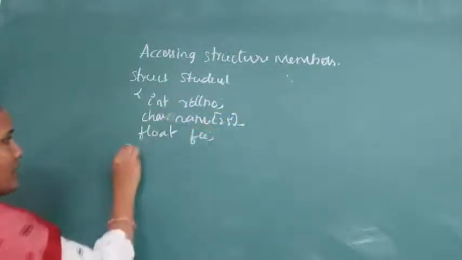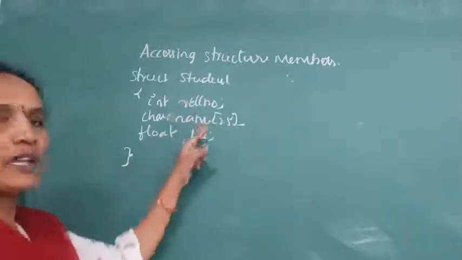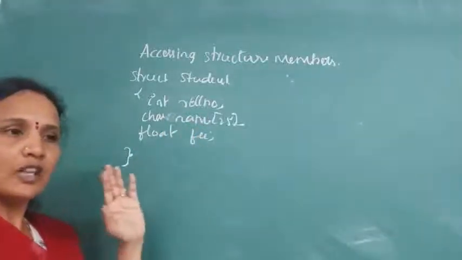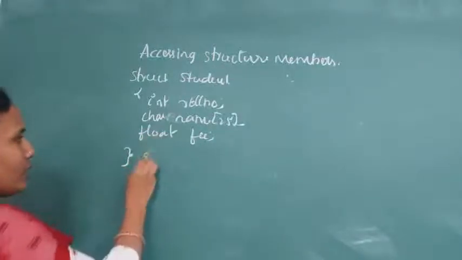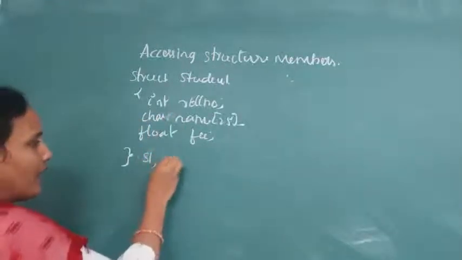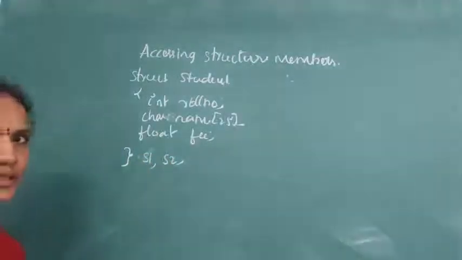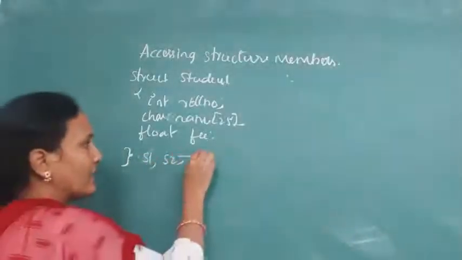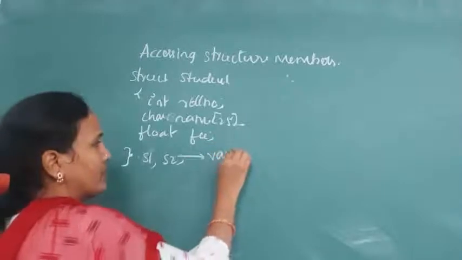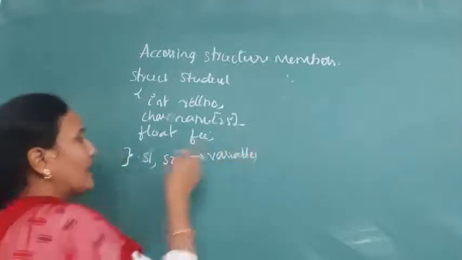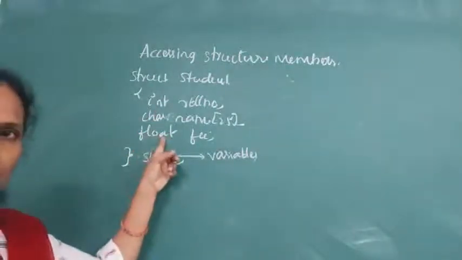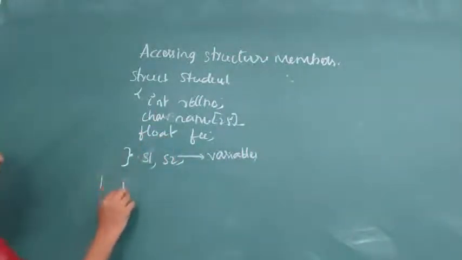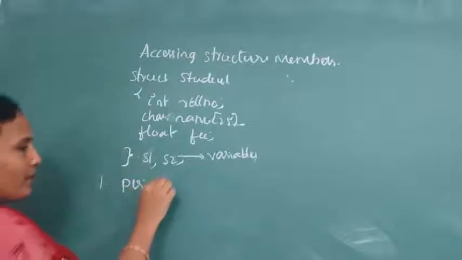Example, this is the structure and these three are the members. So these three members, variable 1 or S1 wants to use these members and S2 wants to use these members. So these two are called variables. Okay, and these two variables can use these structure members by using period.